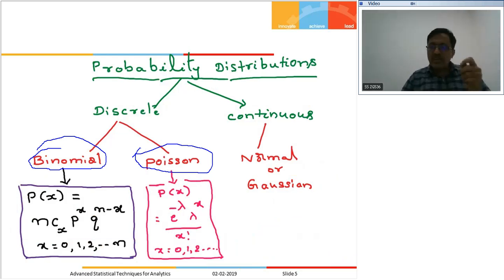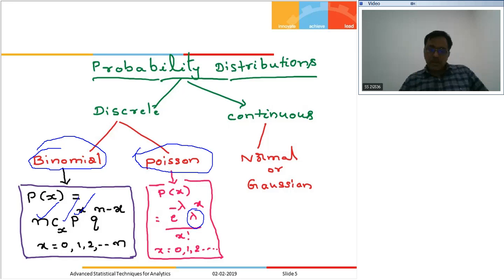We have to define or declare the parameters related to the distribution. Here n, x and p are the parameters for binomial, three parameters. And in case of Poisson, lambda is the parameter. Yes, the mean is the parameter for the Poisson.